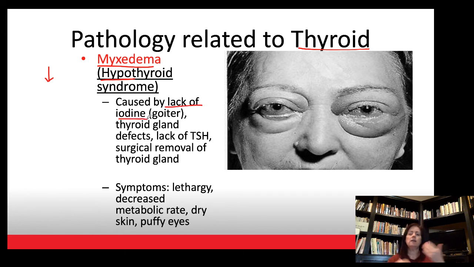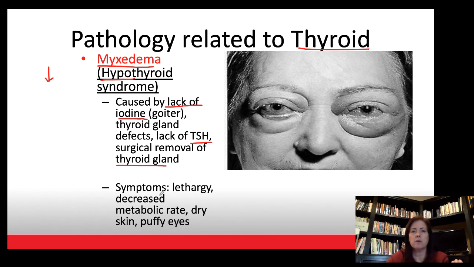So if you don't get enough iodine in your body, you're not going to make functional thyroid hormone. Or we can have a lack of thyroid stimulating hormone. So maybe the thyroid gland isn't being stimulated to produce the thyroid hormone. If you've had your thyroid gland removed, so maybe a patient has thyroid cancer and they have their thyroid removed, in all of these cases, you're going to have decreased thyroid hormone.